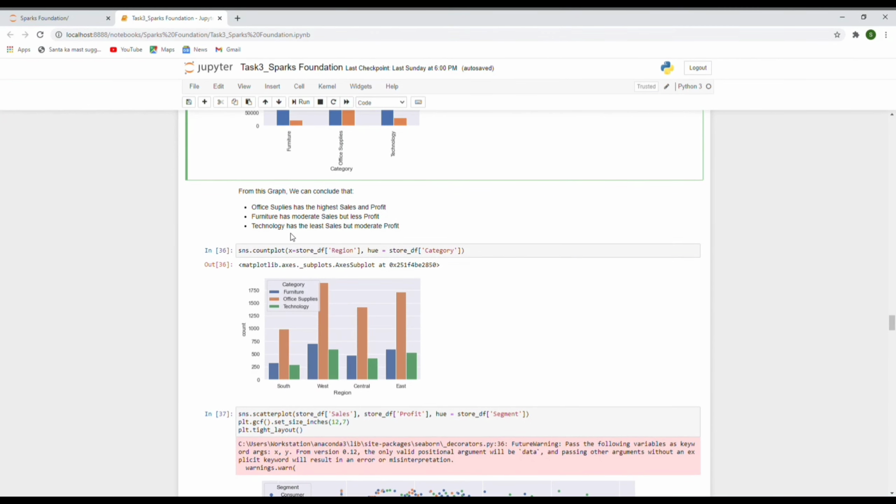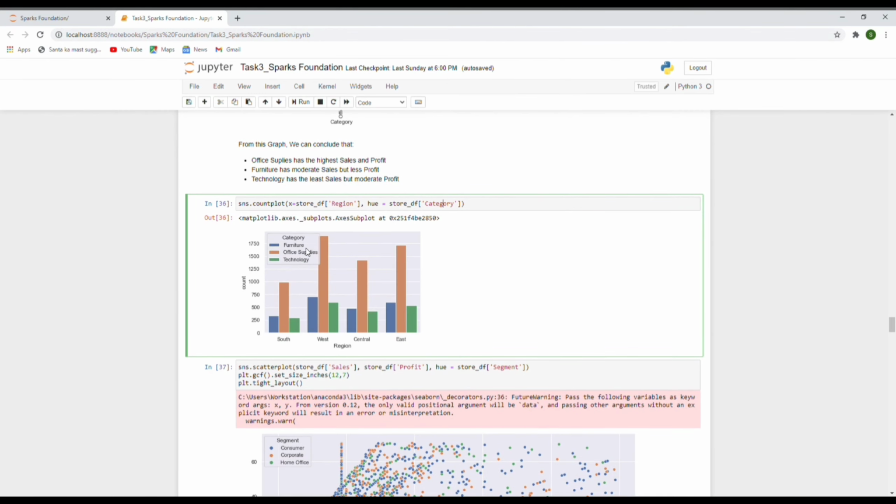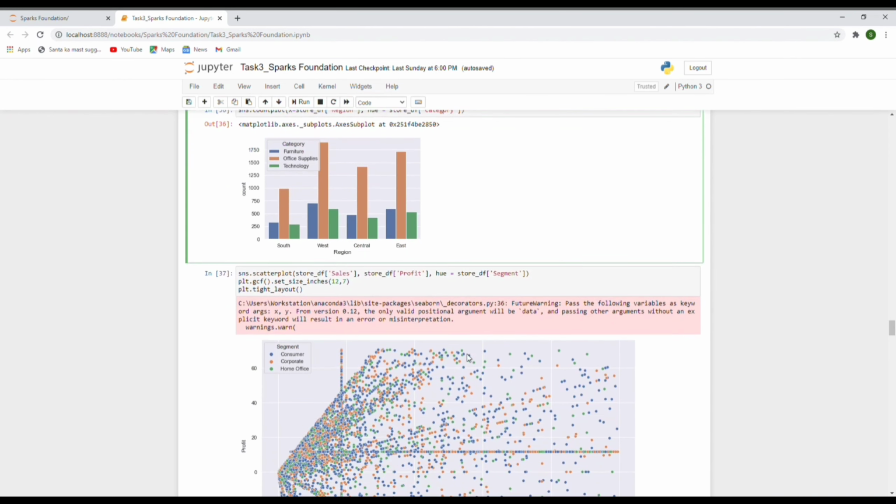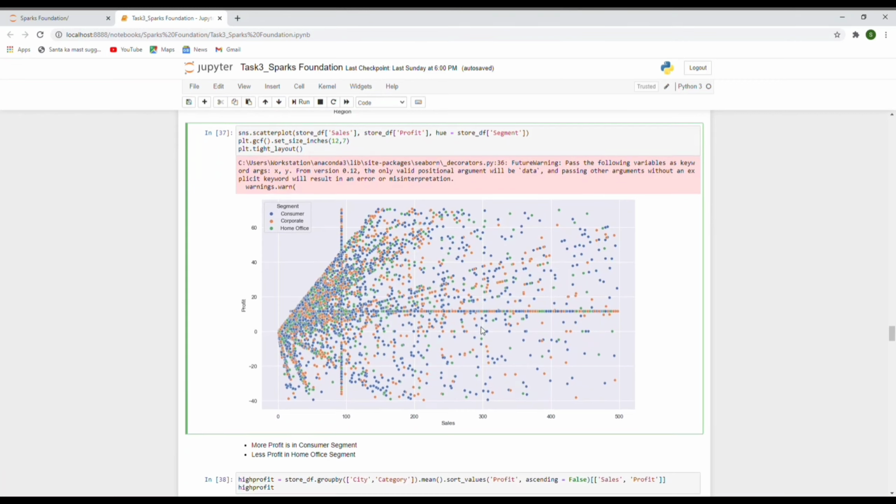Right? So using a count plot, we can easily observe, with the region and the category, that most of the categories lie in the west region. Alright, so we have to analyze the sales and the profit in the segment as well. So we have observed using a scatter plot that more profit is in the consumer segment, which is in blue in color, right?